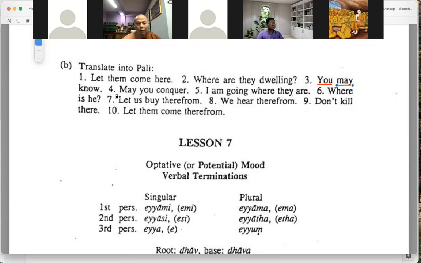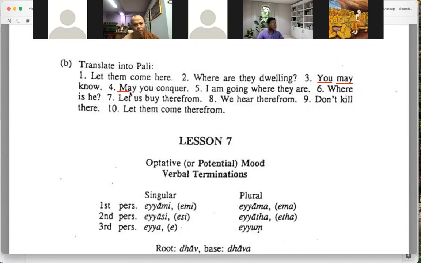And number 4, may you conquer. Because of may here, we know it is imperative mood. But because of you, second person, so tvam, hi, or tumhe, tha.